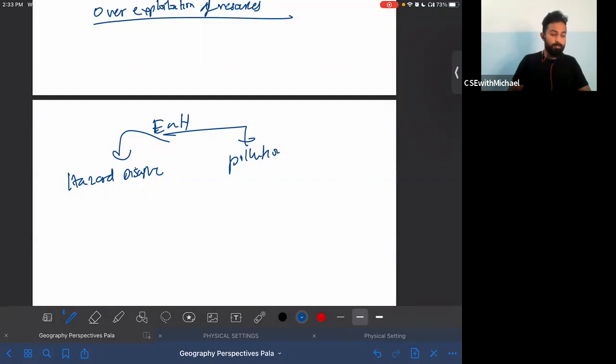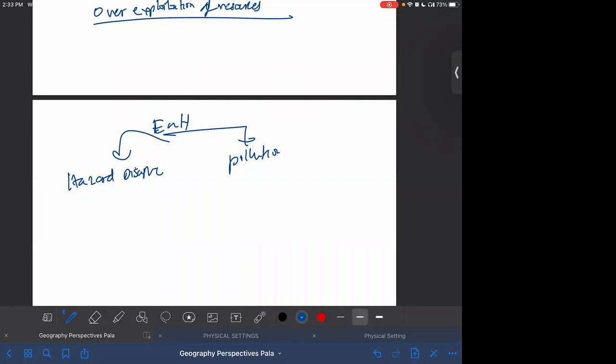Management is also a difficult term to define. Because it raises the question whether management should be from ecocentric perspective or technocentric perspective.